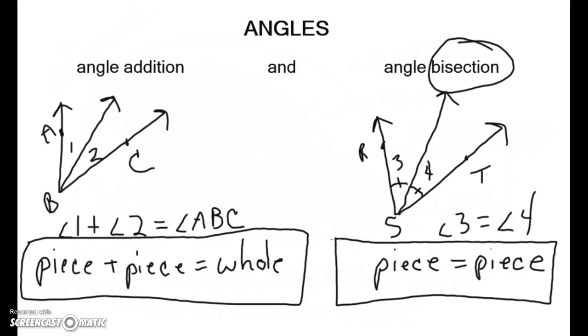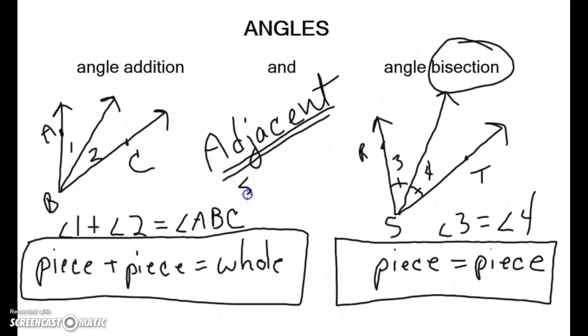Oh, and don't forget the word adjacent. Do you remember what that means? Adjacent is when you have two figures that are side by side. Like the smaller angles in both of these pictures.